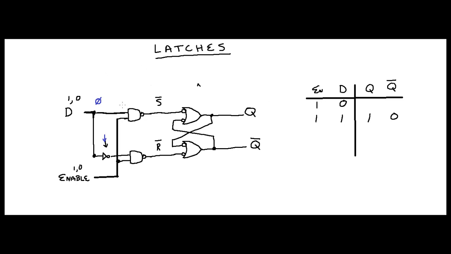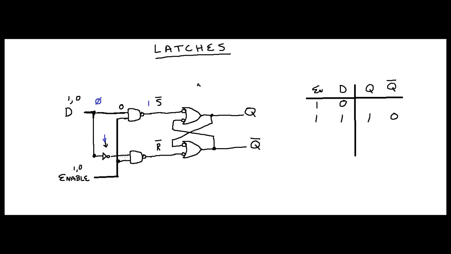That means this input is going to be 0 right here, right? And if that input is 0 into this NAND gate, you know your output is going to be a 1. So it's not activating the set because the set has to be low.